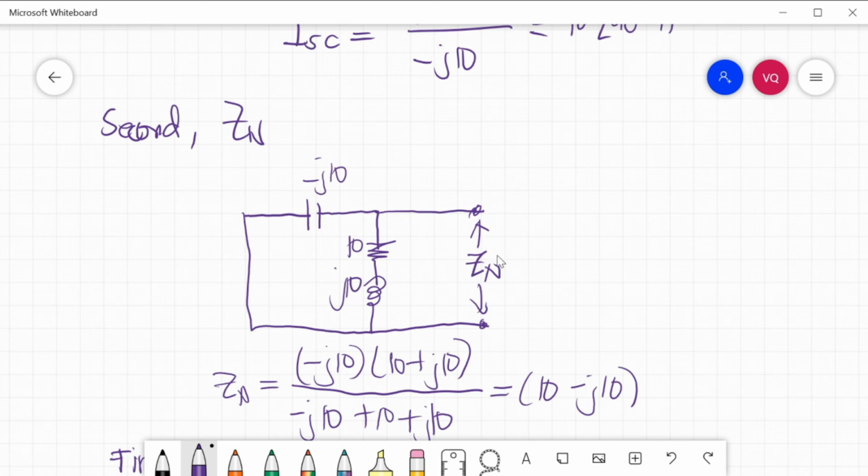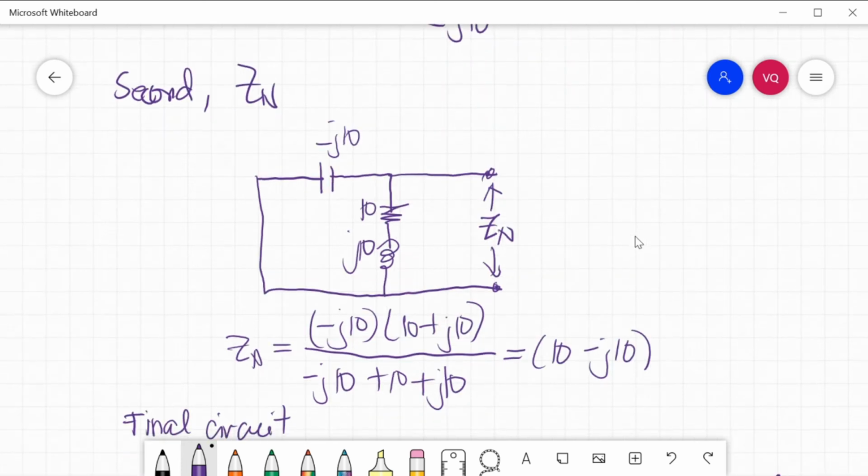So this is now our ZN and our impedances, negative J10 and 10 plus J10. As viewed, looking back into our circuit, our ZN will be negative J10 in parallel with 10 plus J10. So negative J10 times 10 plus J10 divided by negative J10 plus 10 plus J10. ZN now will be 10 minus J10.